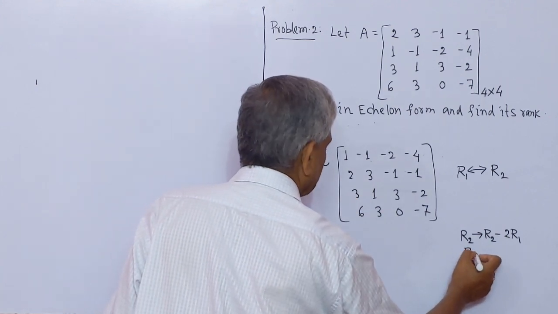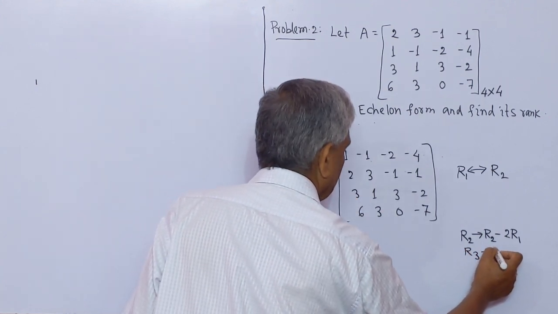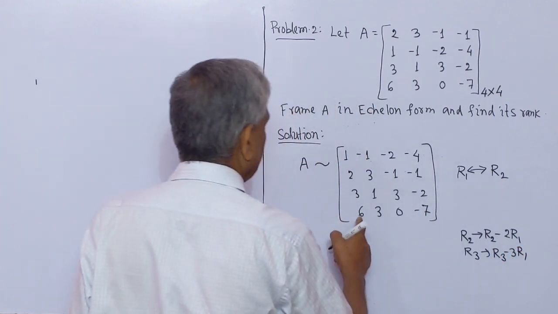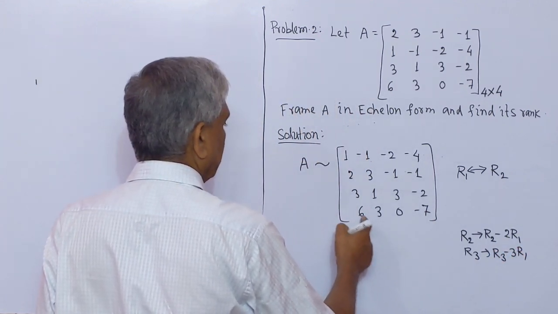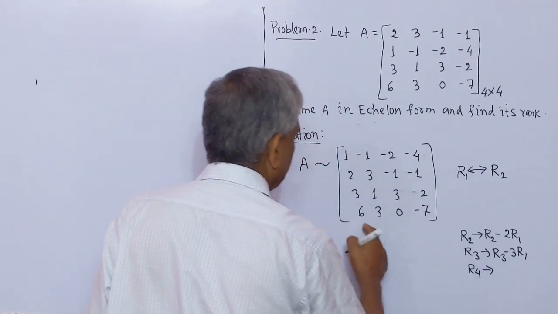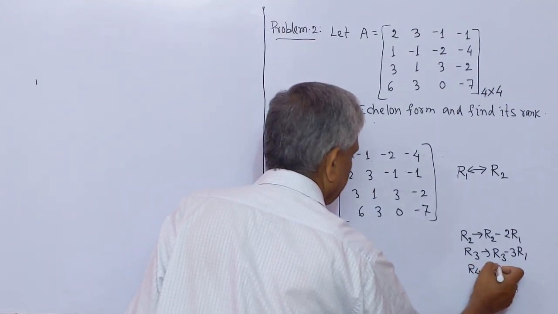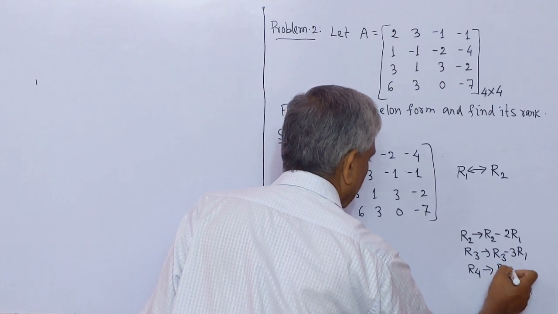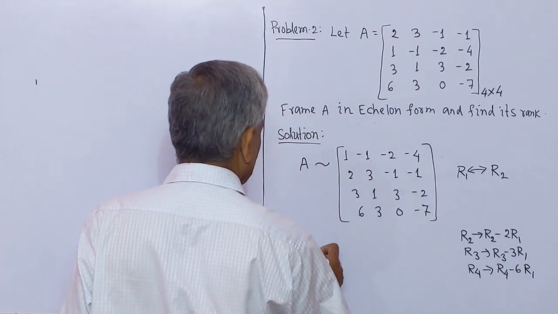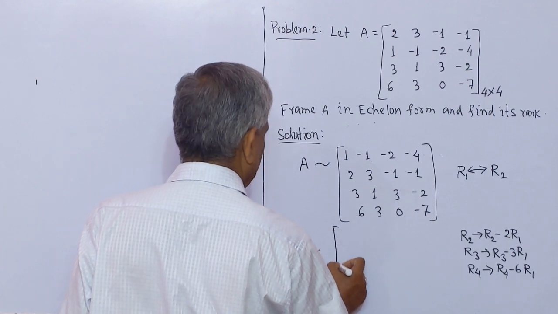R3, in place of R3 minus 3R1. Here we make 0. R4, in place of R4 we write R4 minus 6R1, and we get the matrix.